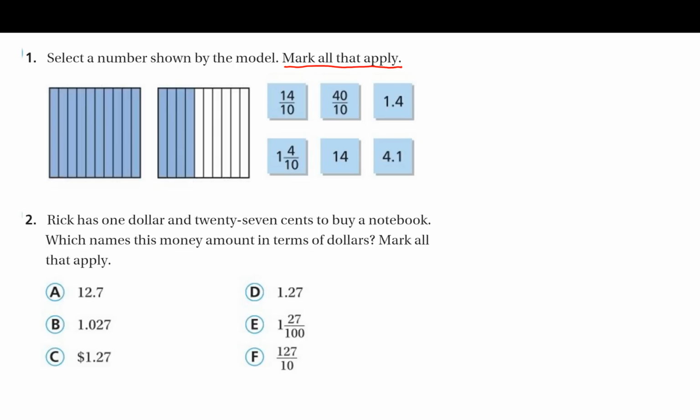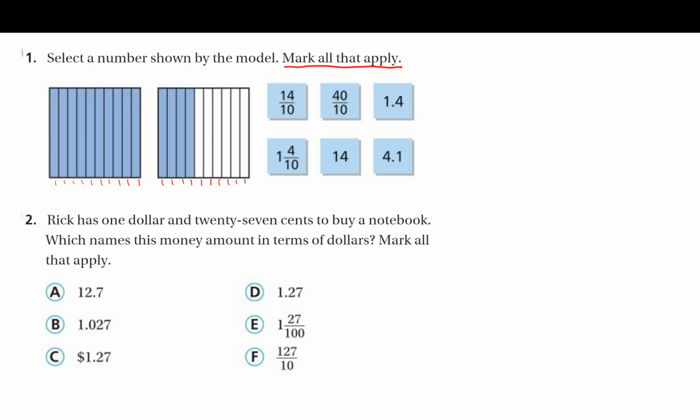First, we want to see how many parts each one of these models is broken up into. So here we have 1, 2, 3, 4, 5, 6, 7, 8, 9, 10. And we can presume this one's probably 10 as well. 3, 4, 5, 6, 7, 8, 9, 10.